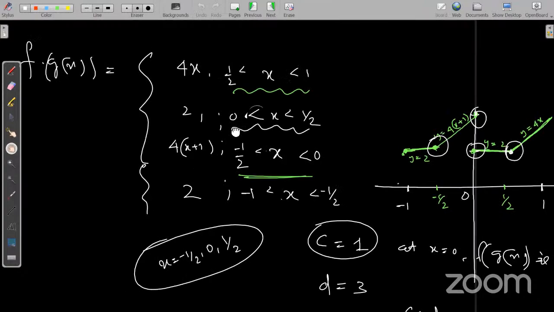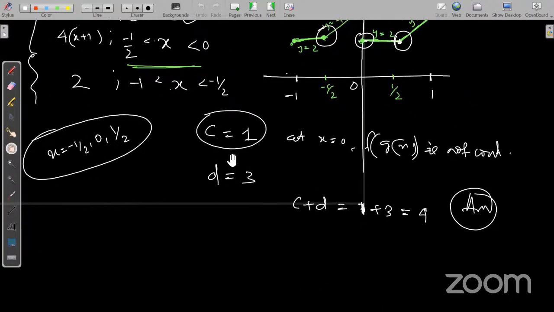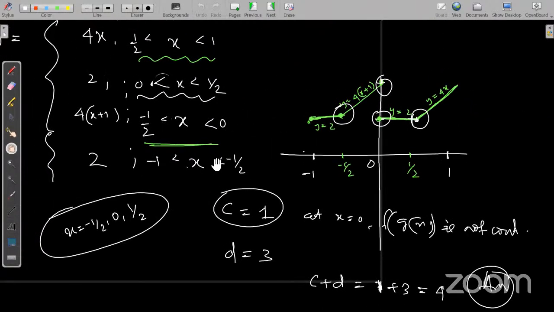After drawing the graph, you can find the answer. Okay?